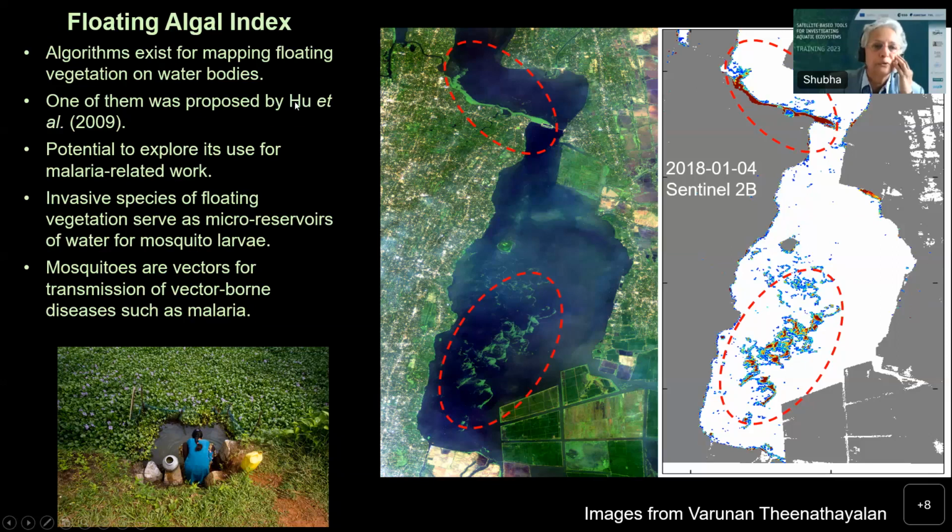At least one of them was proposed by Xiumin Hu and colleagues, and we are now beginning to apply these algorithms, with modifications as necessary, to map the floating algal vegetation in Vembanad Lake.